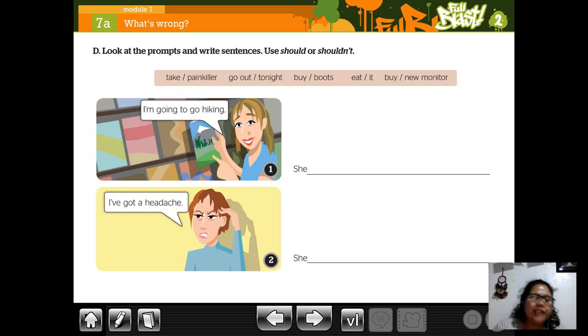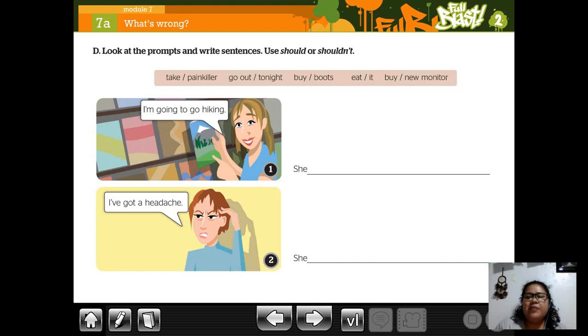And on the next exercise, it says look at the prompts and write the sentences. Use should or shouldn't. Okay? So you have the prompts there and it says I'm going to go hiking. If someone is going to the mountains, what would you recommend? Take painkillers, go out tonight, buy boots, buy a new monitor.